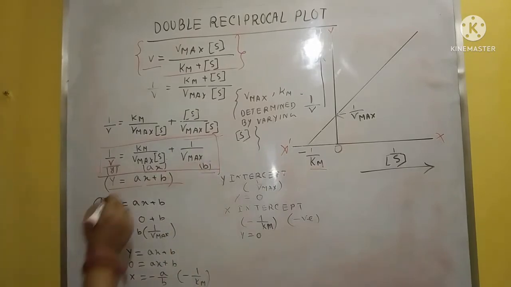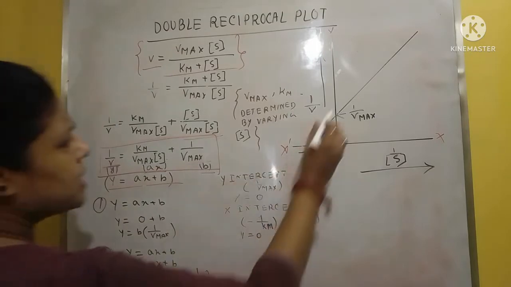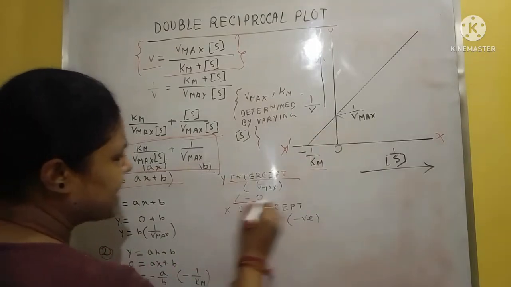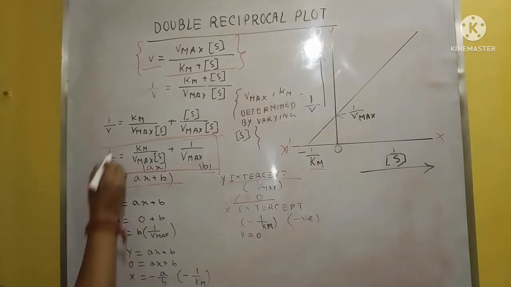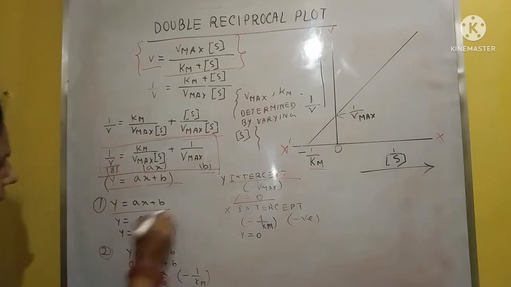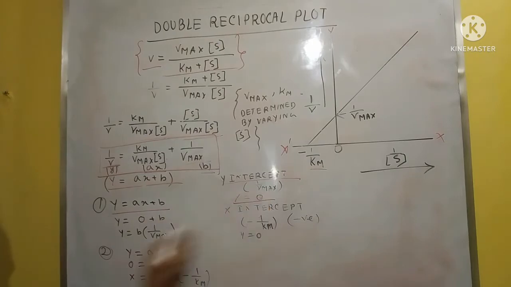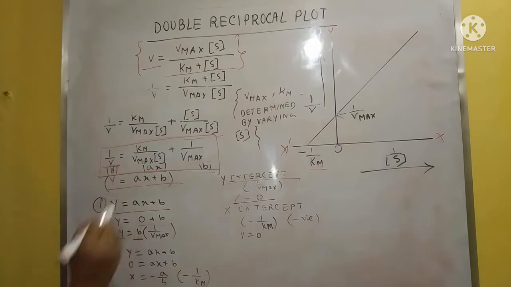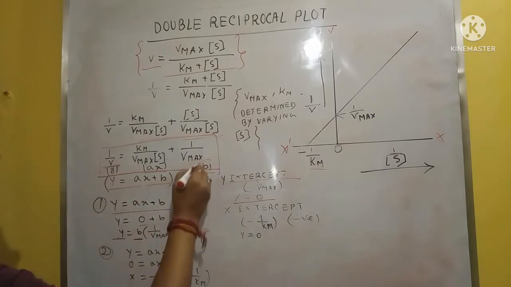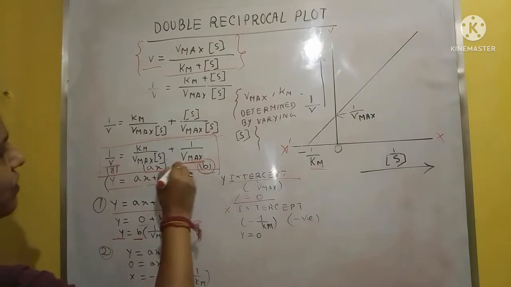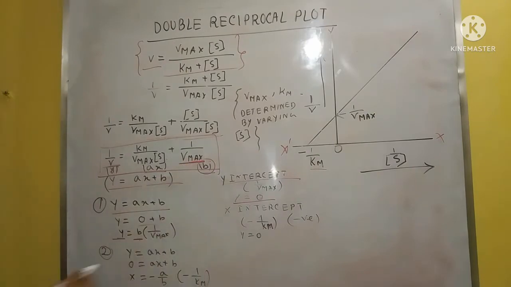Now you see, in case of the y-intercept, x is 0. So in the equation y equals ax plus b, I write the value of x as 0 here. That means y equals b. Here y equals b, and then the value of b is 1 by Vmax.